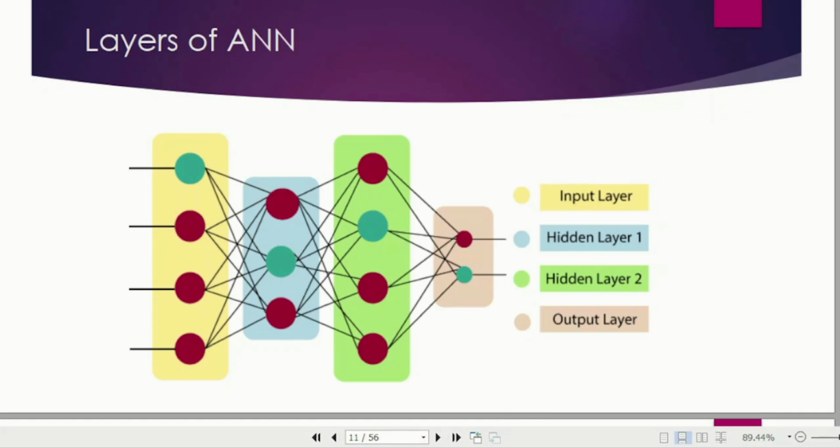First of all, the input layer, as the name suggests, accepts input in several different formats provided by the programmer at the initial point. Second is the hidden layer. Hidden layers are present in between the input and the output normally. They perform all the calculations to find hidden features and patterns of the overall network.